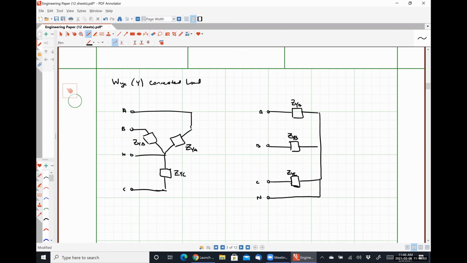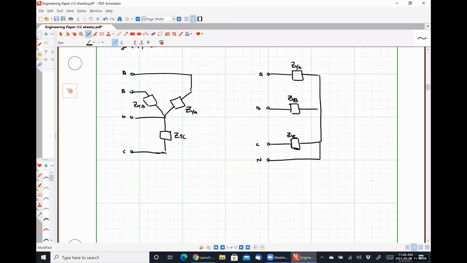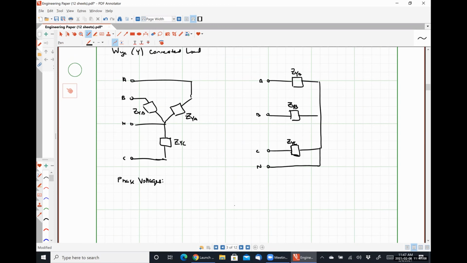All right, so without further ado, let's identify our phase voltages. We're looking specifically for the voltage drop over one phase of our load.